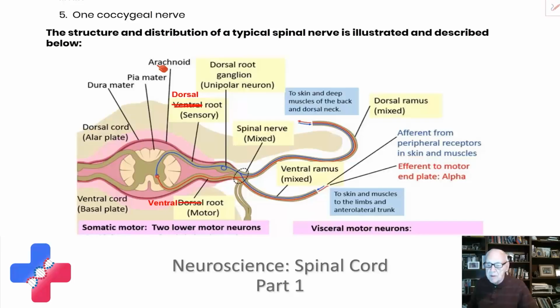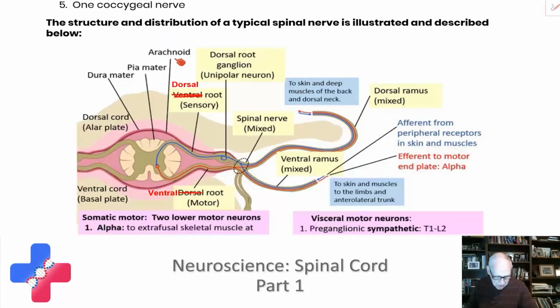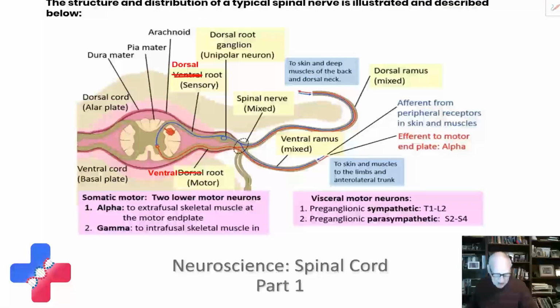Let's review now. These are from your companion notes that I'll be using this week, so you have access to these. What we're going to look at in this image is the distribution and some of the neuronal components of a typical spinal nerve system. What we have here is a cross-section of spinal cord. This is central nervous system, and that's where we'll begin in a few minutes.